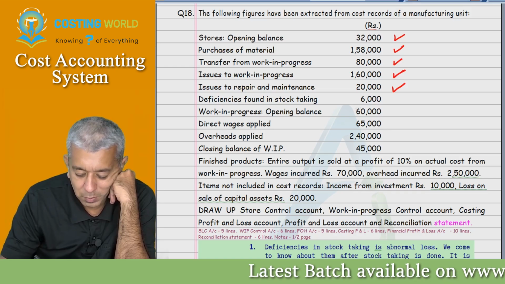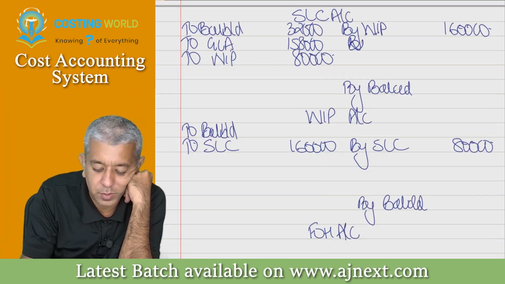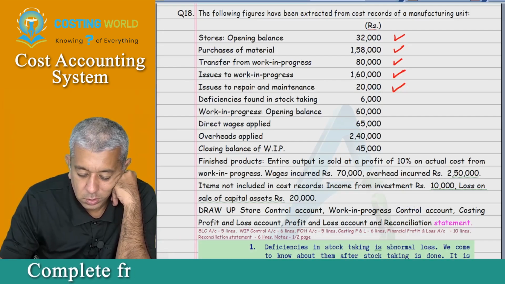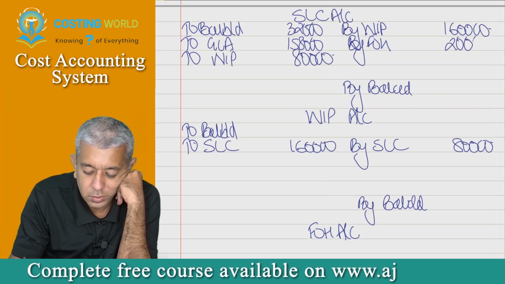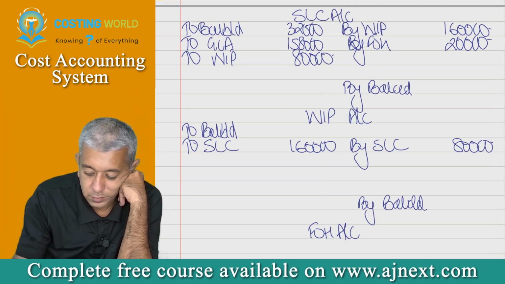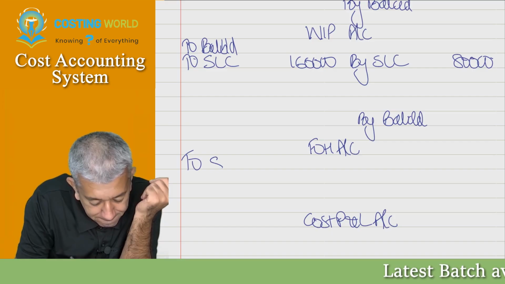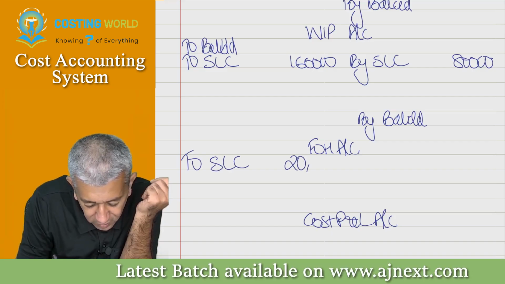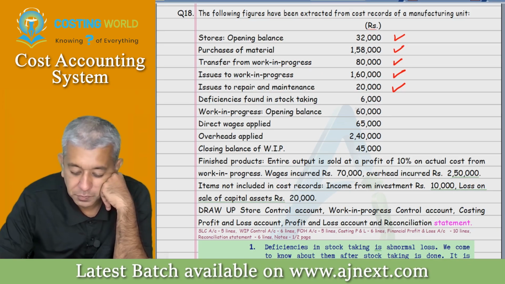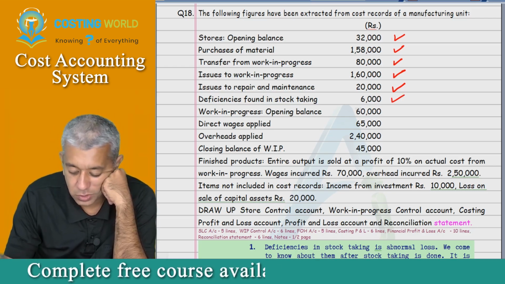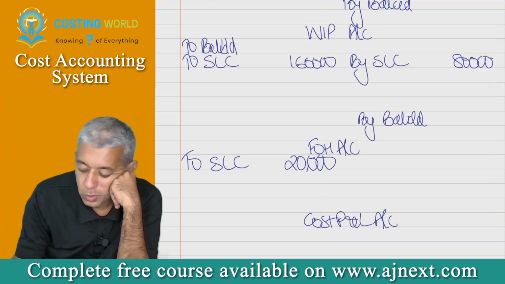Issues to repair and maintenance. So this will be by FOH 20,000. Deficiencies in stock taking. So you have written the entry.